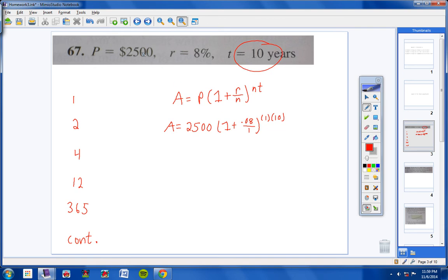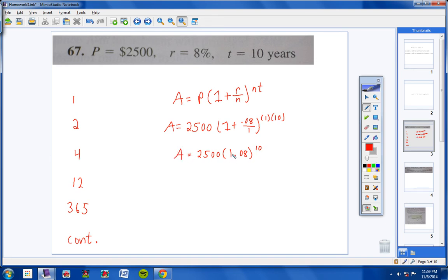Okay, so students, it really does become a calculator problem, and my advice to you would be to type this into your calculator first. So 2,500, 1.08, and then multiply these two numbers together here and get 10.